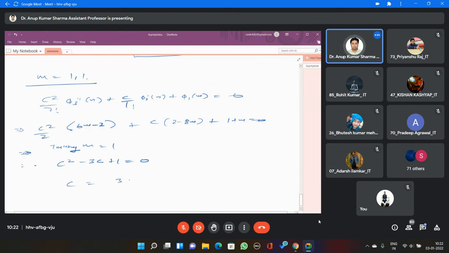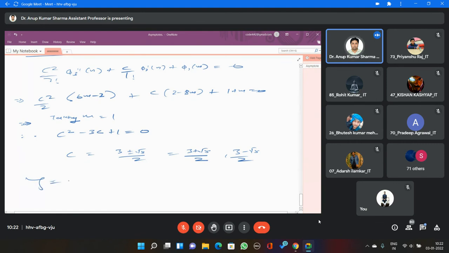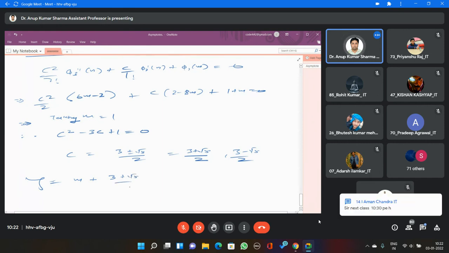We can find c here: 3 plus or minus root 5 by 2. These are separate, so y is equal to x plus 3 plus root 5 by 2, and another one y is equal to x plus 3 minus root 5 by 2.